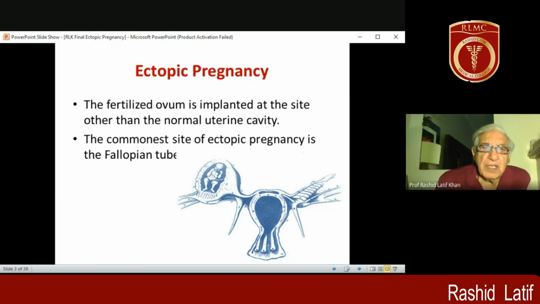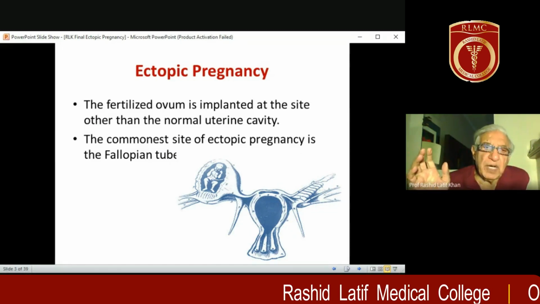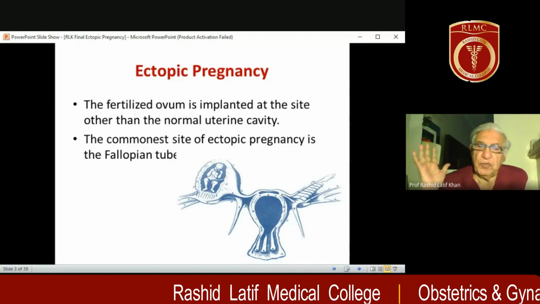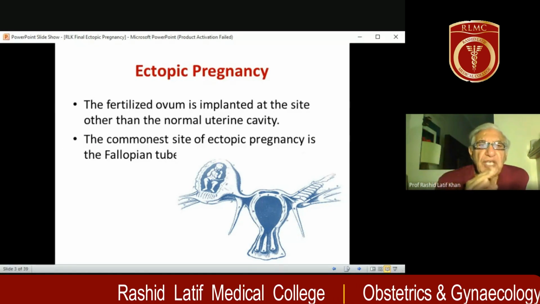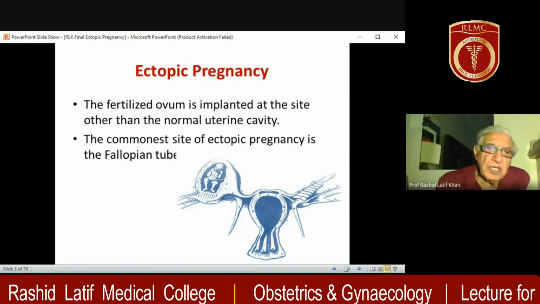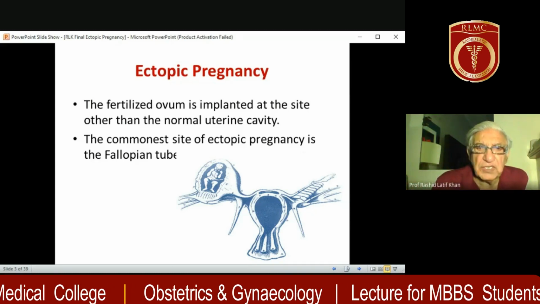And because fertilization takes place in the fallopian tube, and that too in the ampullary part, the commonest site of ectopic pregnancy is the fallopian tube. So when we say ectopic, it almost is synonymous with tubal pregnancy, that the pregnancy has taken place in the tube.